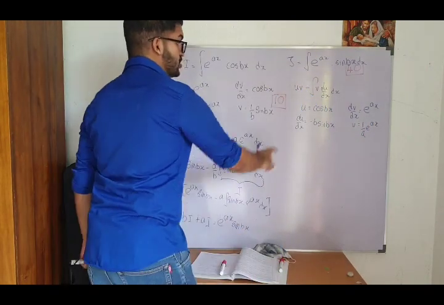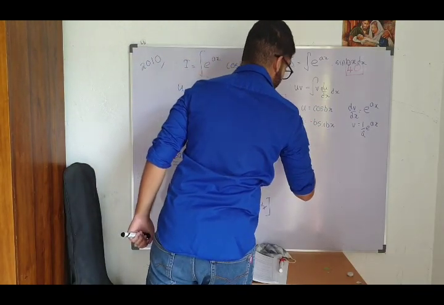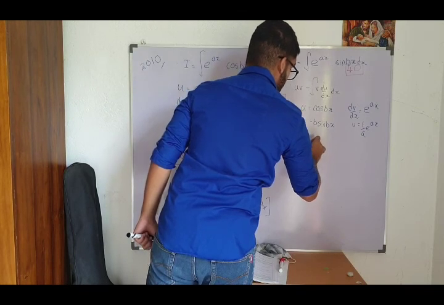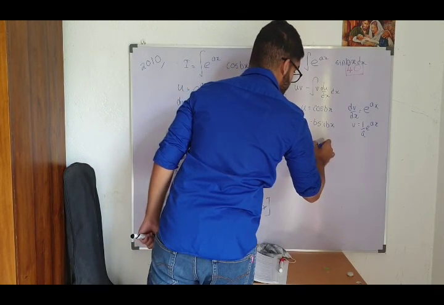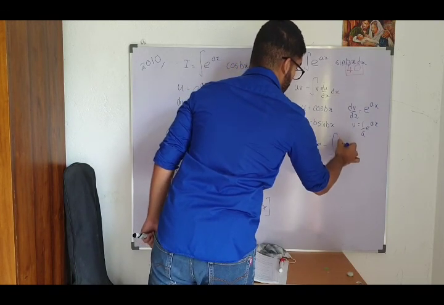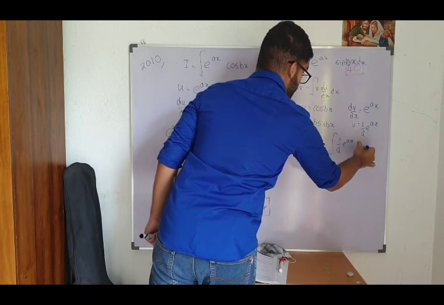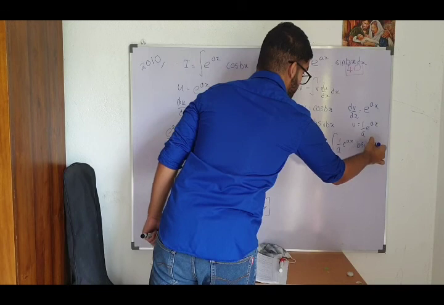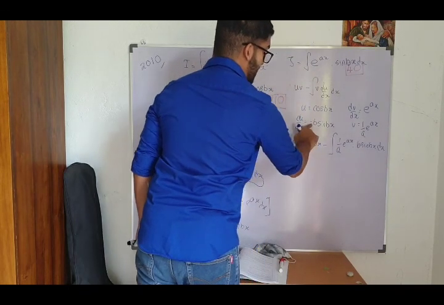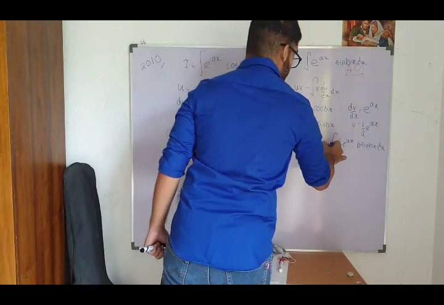Using the by parts formula, I'm going to write uv. The product of uv is going to be 1 over a e^(ax) cos bx minus 1 over a e^(ax) b sin bx dx, and this minus sign into minus sign will be positive.